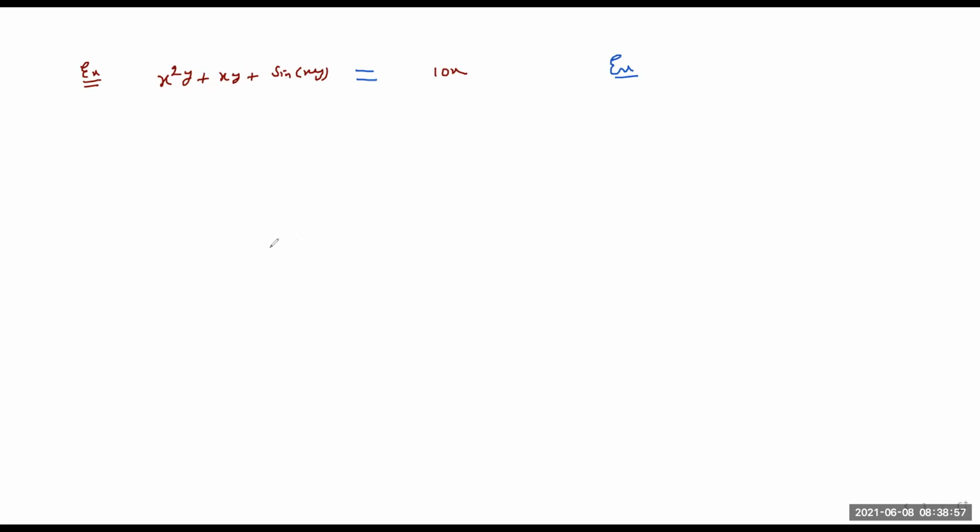So the answer is y, then bracket 2x plus 1 plus, no sir, the bracket continues, okay, plus cos xy, then bracket close, minus 10 is equal to minus xy dash, then bracket open, x plus 1 plus cos xy.